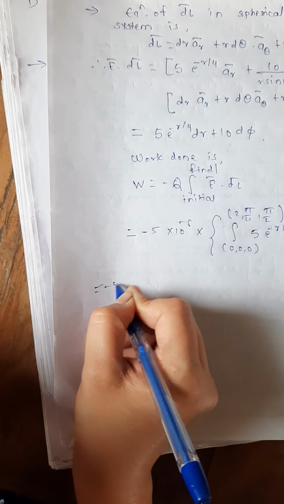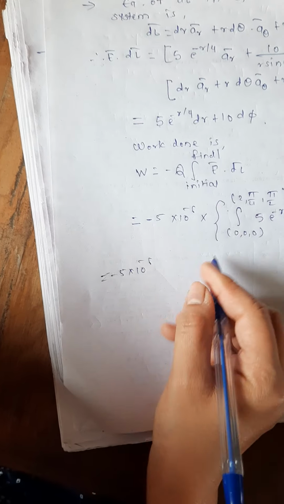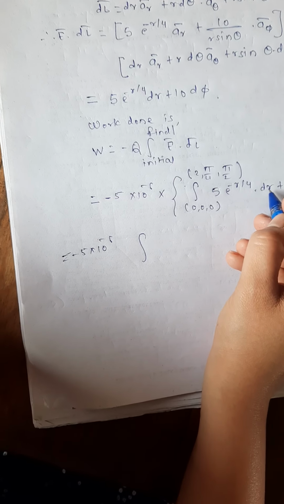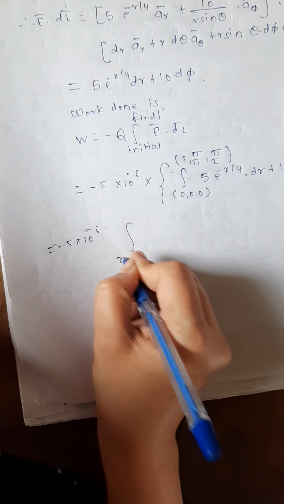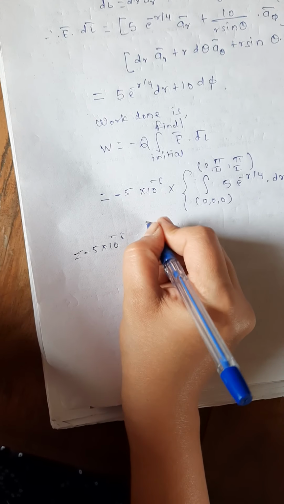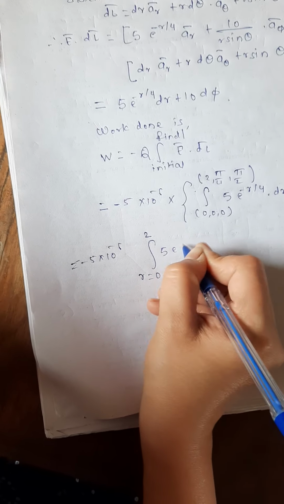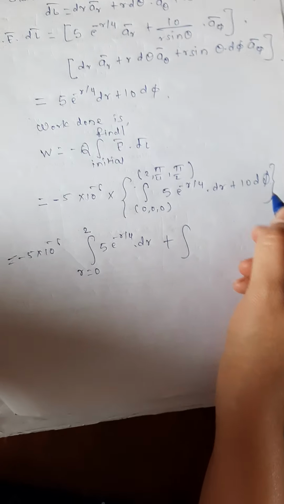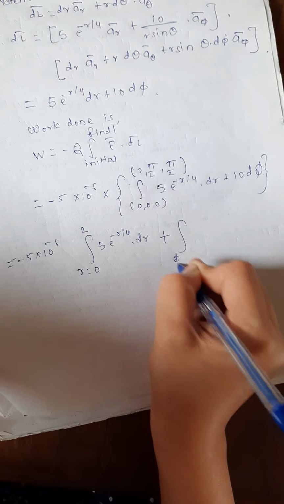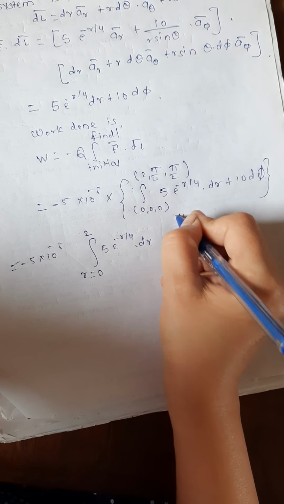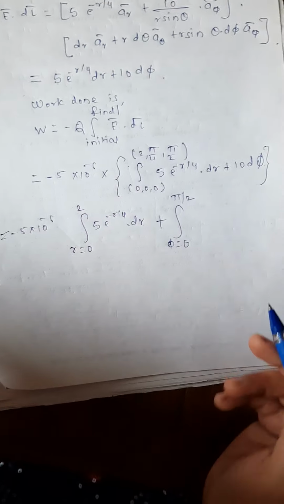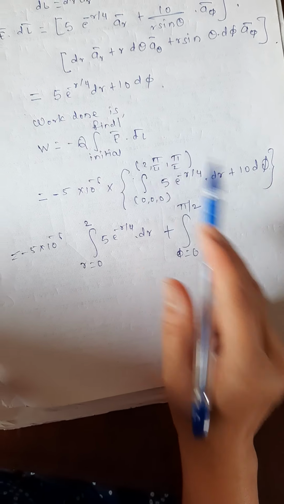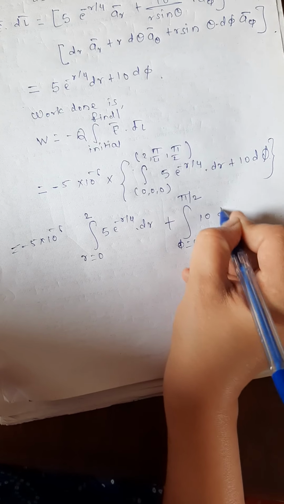Now here we take separate integrations. r goes from 0 to 2 meter for 5 e raised to minus r by 4 dr, plus, as this is the phi term, phi goes from 0 to pi by 2. The middle term is theta, which is absent here, so we are not going to consider it. So it is 10 d phi.